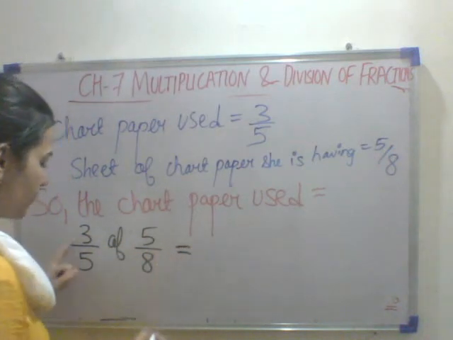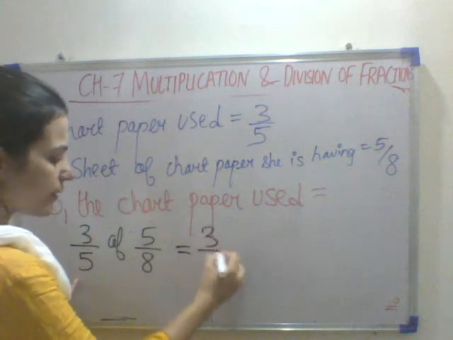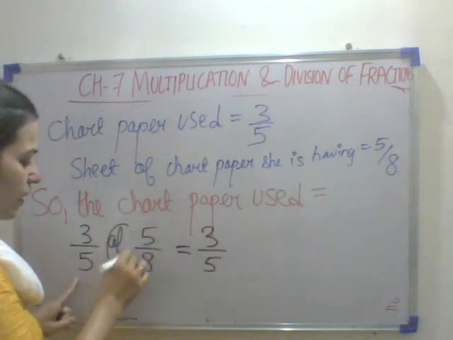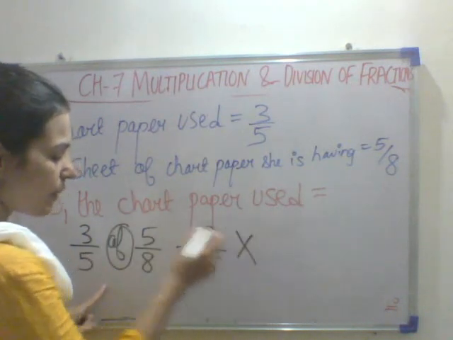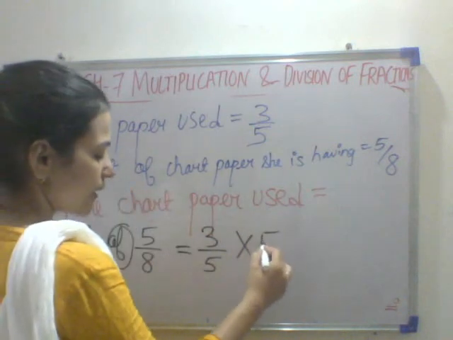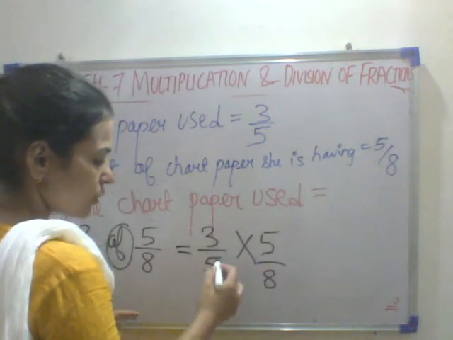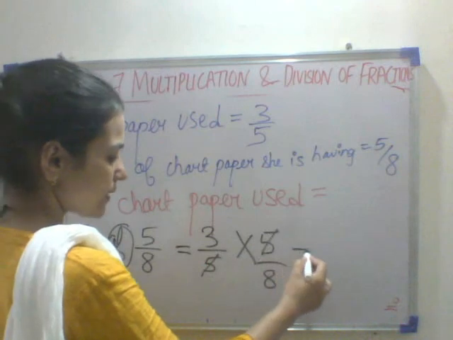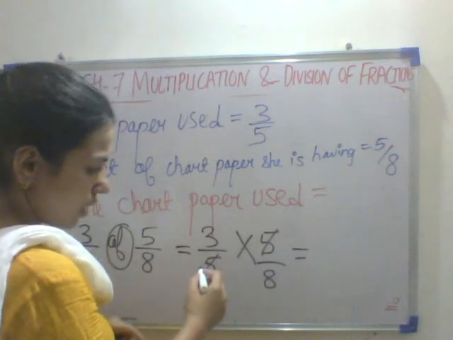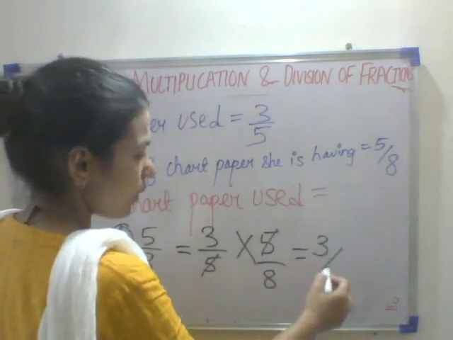So we'll be writing 3/5. Instead of "of", we have to put the sign of multiply. Then we'll be writing 5/8. So this 5 and 5 got cancelled, and our answer will be 3/8.